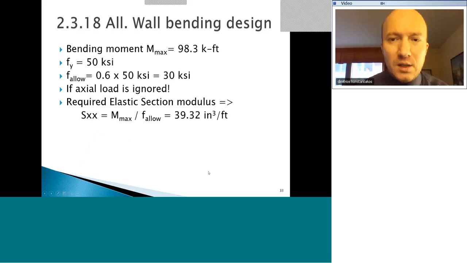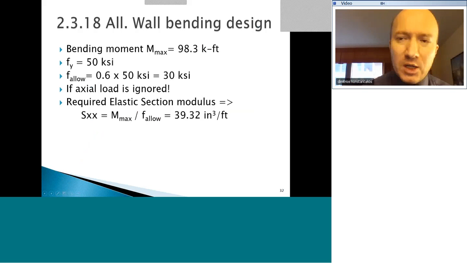Now, when we go to design the allowable wall bending, we have our maximum moment and the yield stress of the steel, 50 KSI, that's 355 megapascal. In an allowable stress design, the allowable stress factor is 0.6 in this case, times 50 KSI, that's your allowable stress.